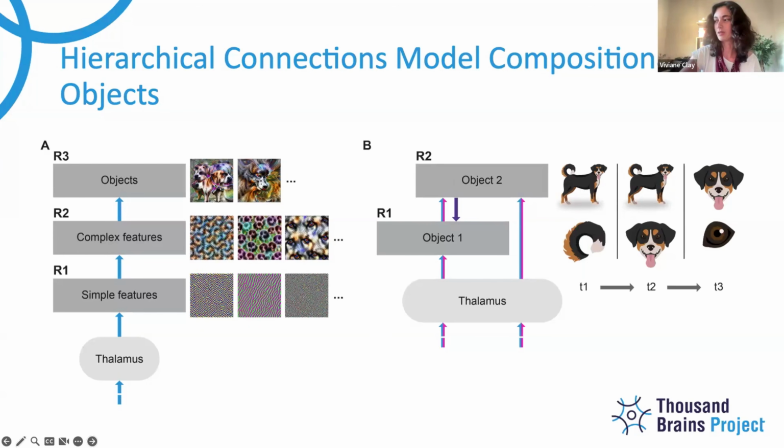You can think about that yourself. As you're looking at the dog, you wouldn't really at the same time decompose it into head and eyes without shifting your attention between them. And so models of the same objects can exist in different levels of the hierarchy at the same time, and you can shift your attention between them.